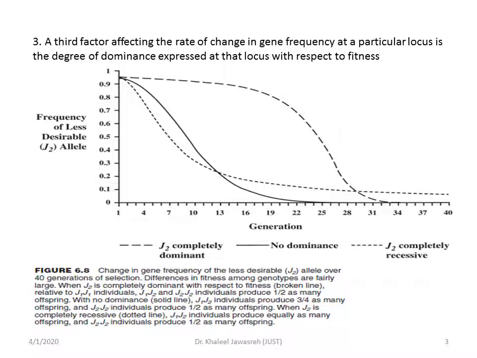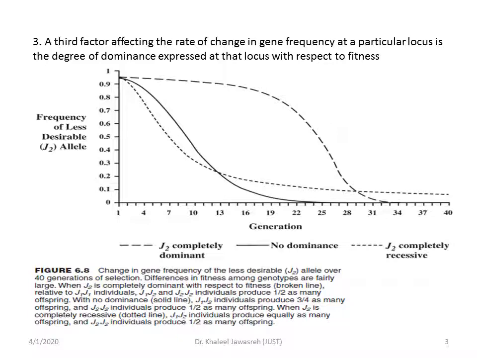We can observe through generations that the selection is fairly slow when J2 is completely dominant with respect to the fitness, the broken line as we see here, relative to J1 individuals. J1J2 and J2J2 individuals produce half as many offspring.